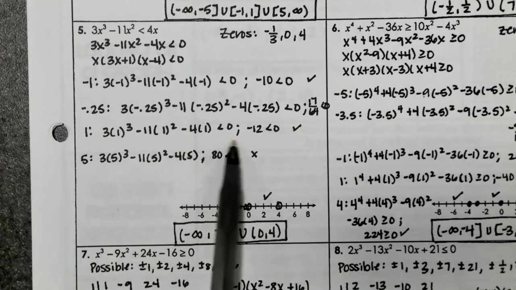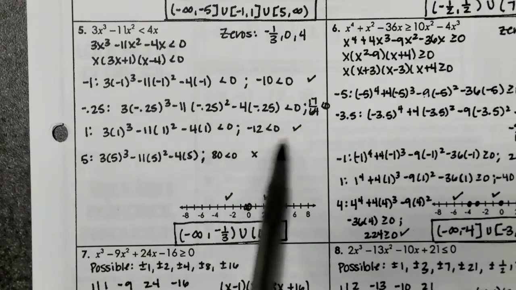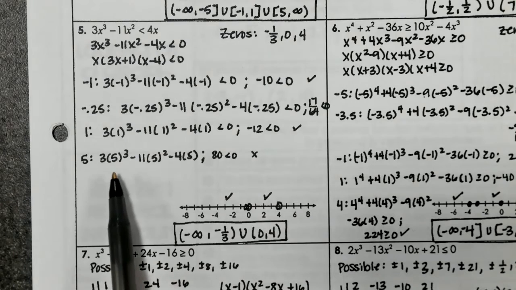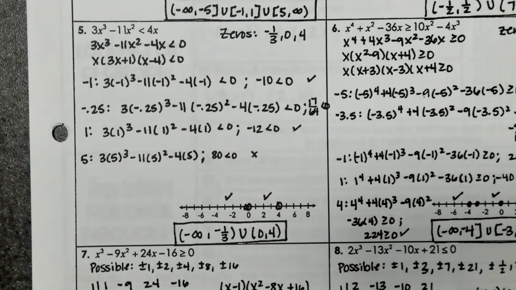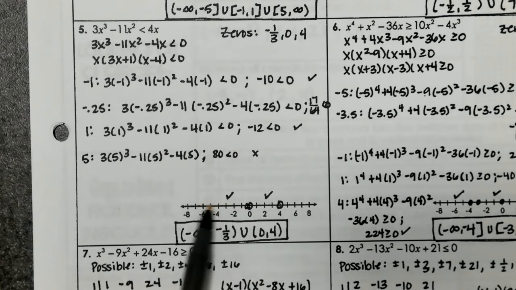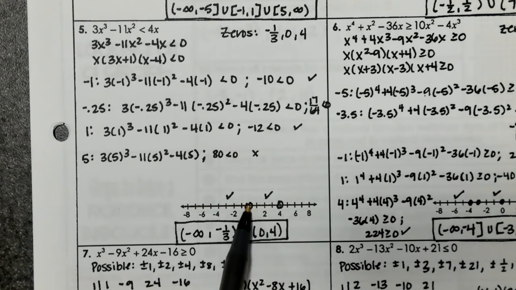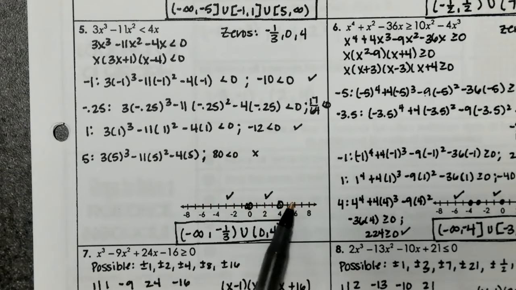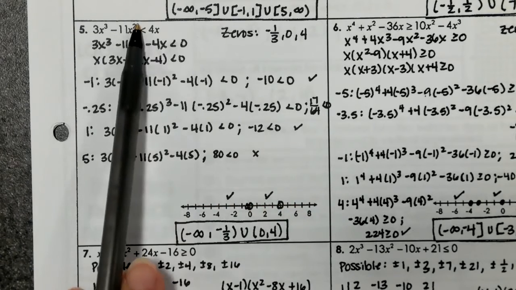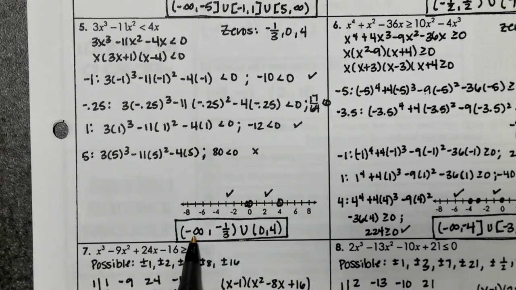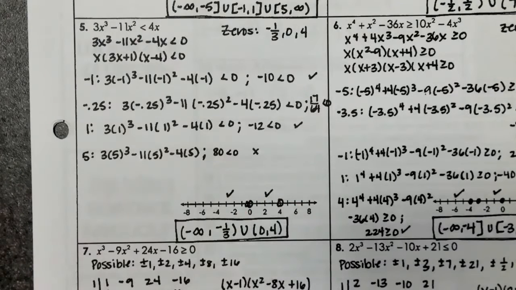When we plug in 1 from this one, 1 works. And then over here, when we plug in 5, 5 does not work. So our answer is going to include this one right here and this one right here, and not this small one and not anything over here. So we have parentheses because it's less than -infinity to 1/3, also including union 0 to 4.